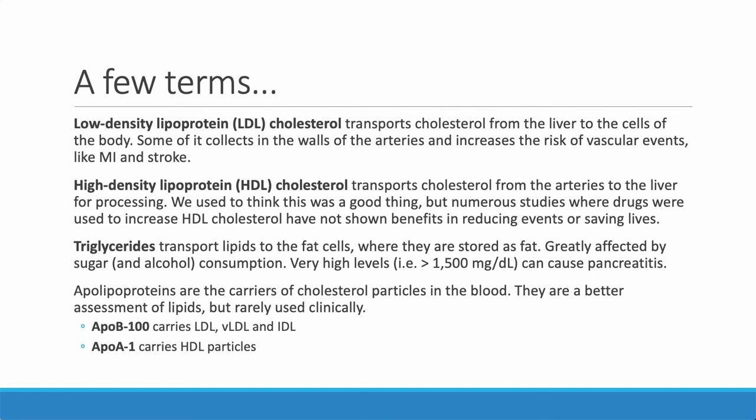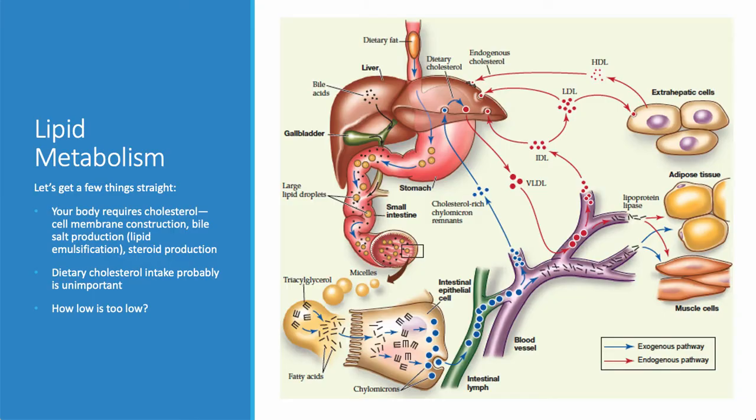So most people just ignore all that stuff, except in the advanced lipid clinics. We just worry about the four basics: total cholesterol, which we can ignore, LDL, HDL, and triglycerides. Now, lipid metabolism, very complicated. This is such a cursory overview that I'm giving you. It's not even funny.